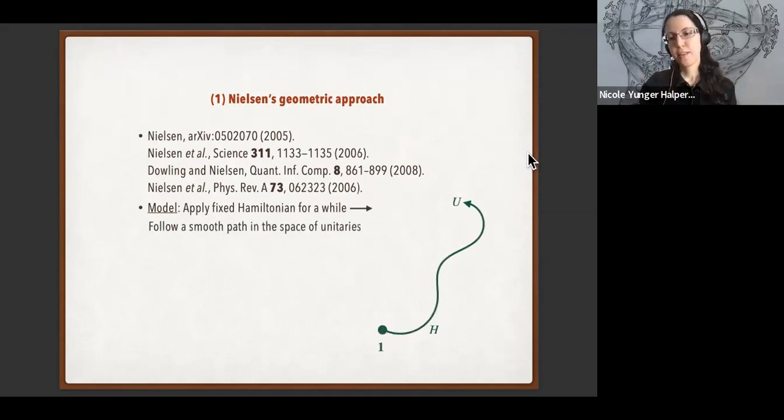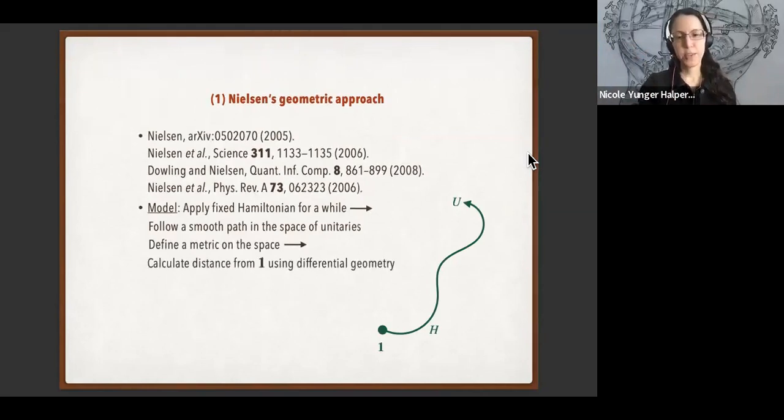At first, the unitary that is implemented is just the identity operator because the Hamiltonian hasn't had any time to act. But as time progresses, the evolution experienced by the system traces out some trajectory in the space of all possible unitaries. We can introduce a metric to this space and use differential geometry to calculate the distance from the identity, which we think of as the origin, and the finally implemented unitary.